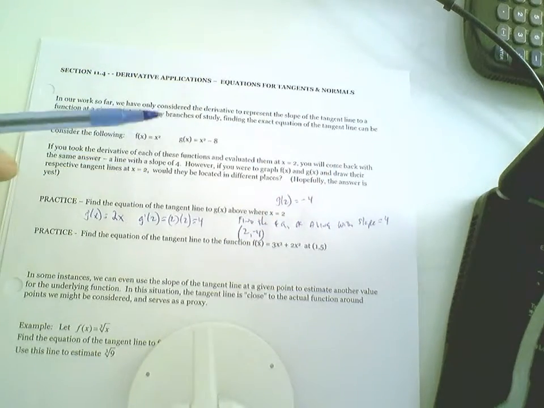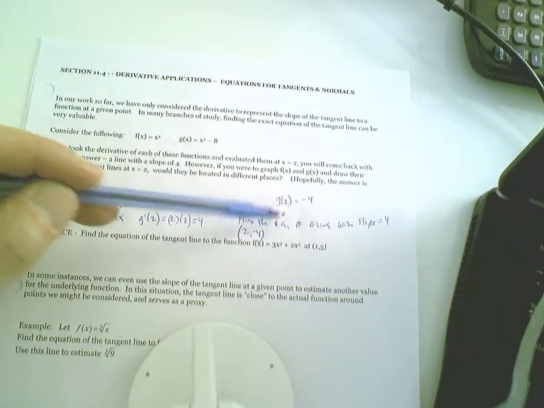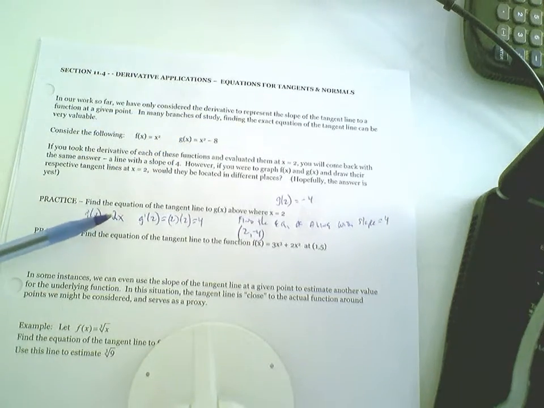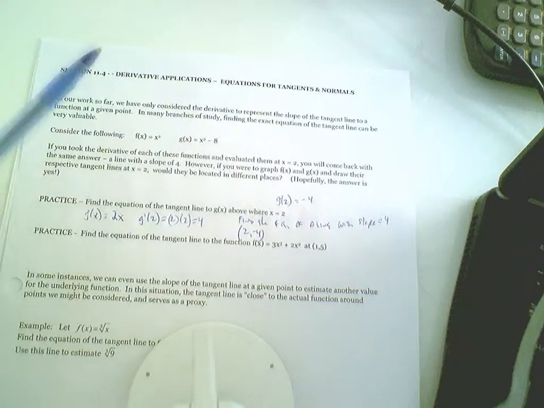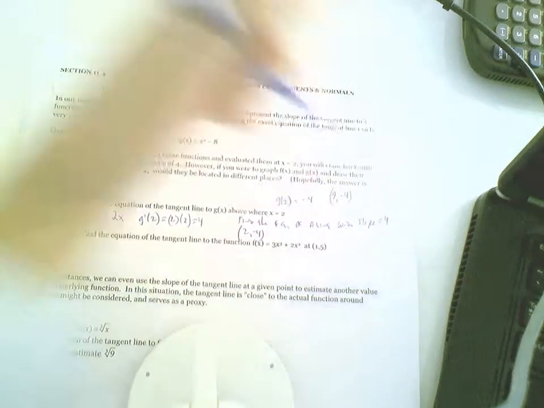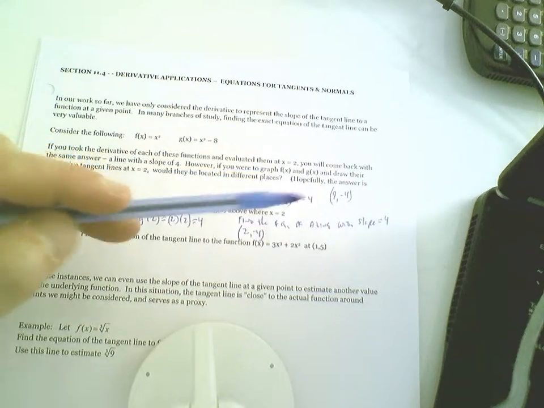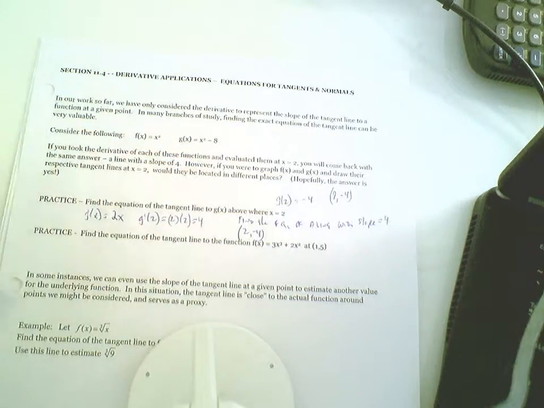That's what we're being asked to do. When x equals 2, our derivative takes on a value of 2x, 2 times 2, because x equals 2. Our derivative is equal to 4 at the point 2, comma, negative 4. What's therefore the equation of the line with a slope of 4 that goes through the point 2, negative 4?